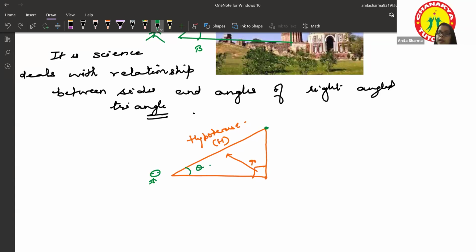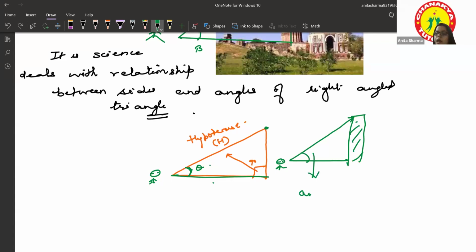Suppose you are standing on the ground and looking upward at the top of a tower. The angle made by you with the ground is called the angle of elevation.